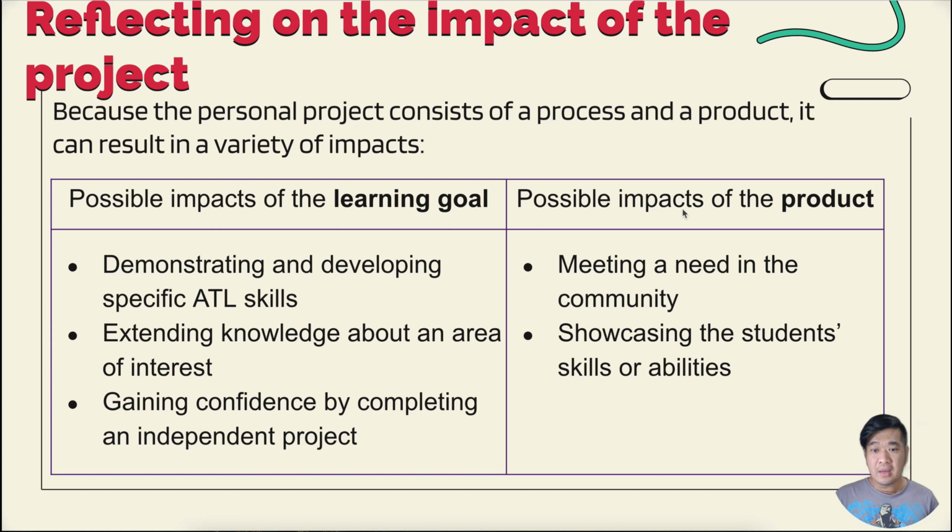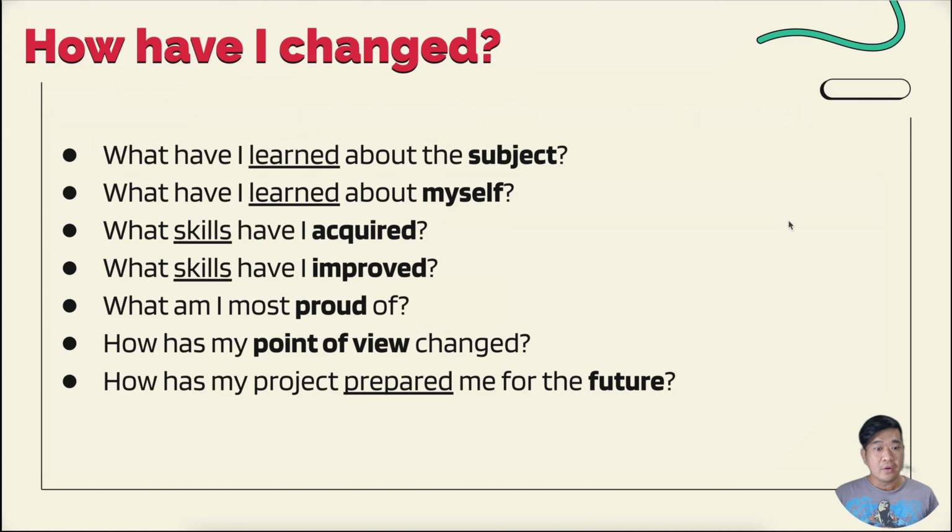In the product, you are going to look into the needs of yourself or the needs of the community. What are the abilities that you showcased in generating the product? Here, you need to reflect on how you have changed.